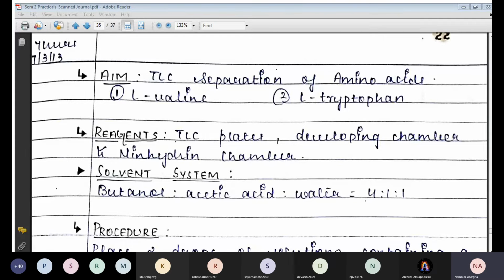Then again, the spotting is done the similar way that we saw in the earlier case. Then we make a solvent chamber. First we make a mobile phase chamber, that is the solvent system chamber, by adding butanol, acetic acid and water in the ratio of 4:1:1. That is 4 ml of butanol, 1 ml of acetic acid and 1 ml of water.